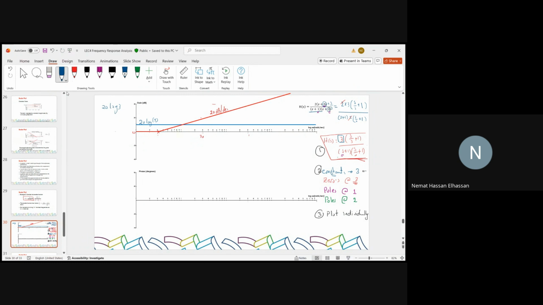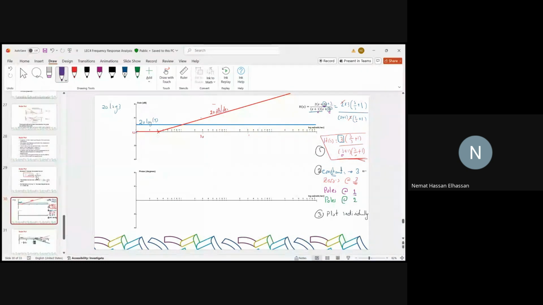Third element is your pole, and the pole starts at 1, which is here.